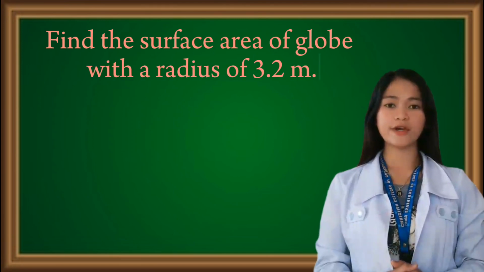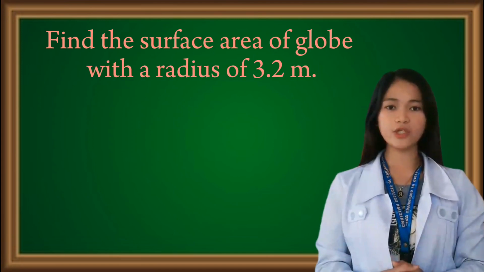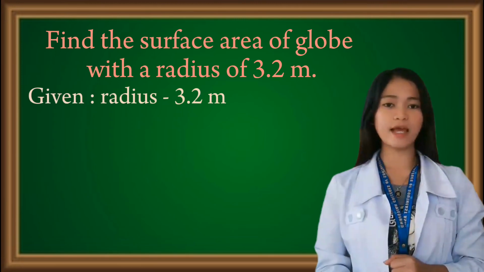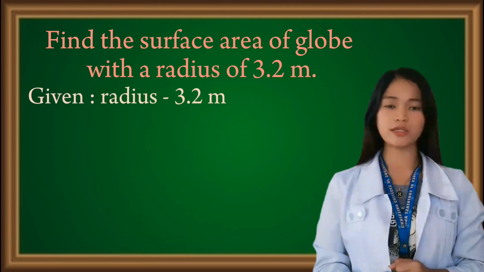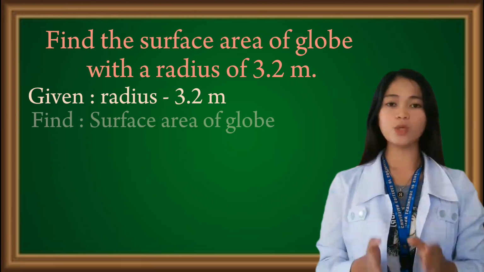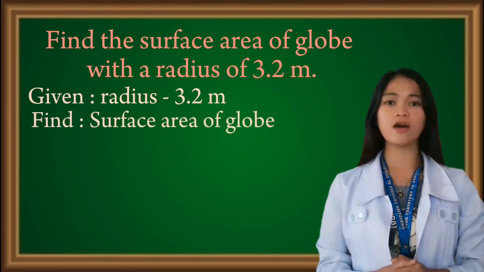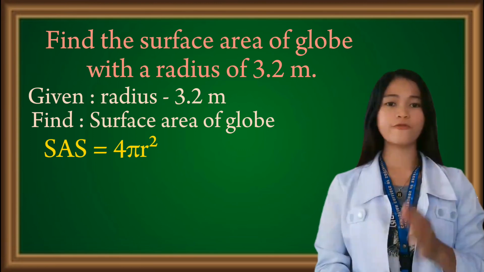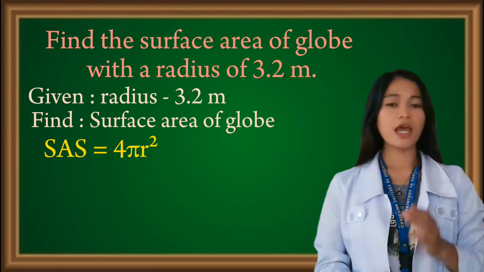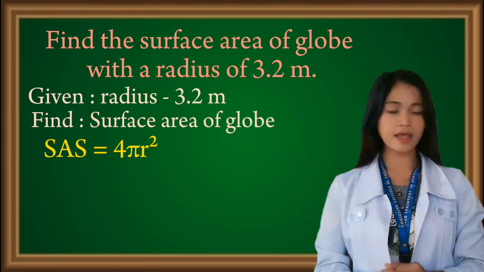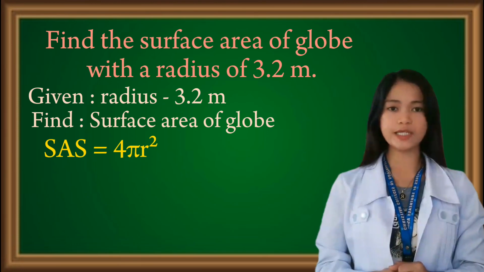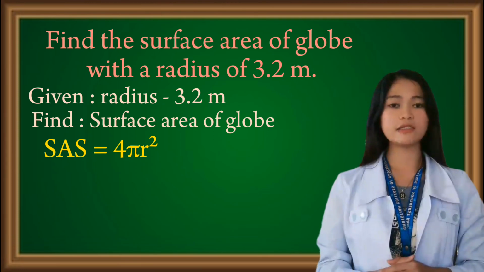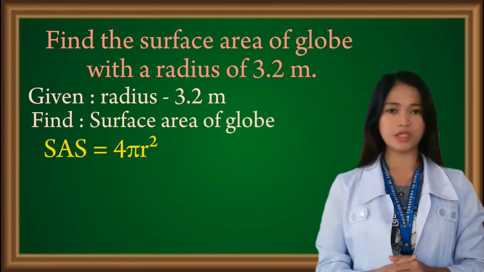Find the surface area of a globe with a radius of 3.2 meter. Given in the example is the radius, which is 3.2 meter, and we will find the surface area of a globe. The surface area of a sphere equals 4 pi r squared. And we will copy the 4 again, and the pi is 3.14, and the r there is 3.2 meter.